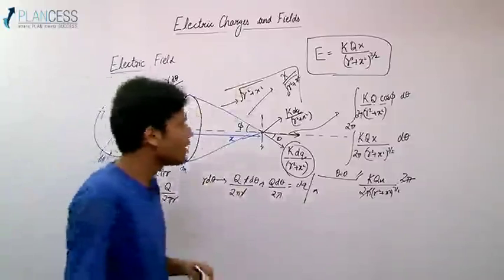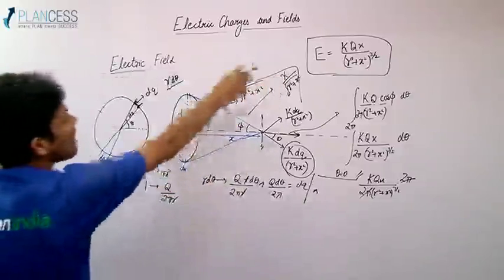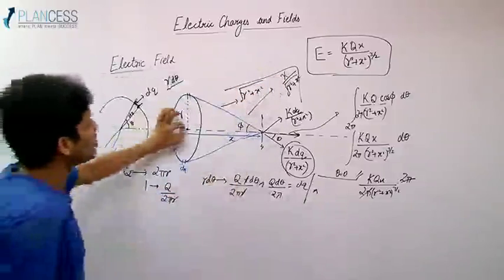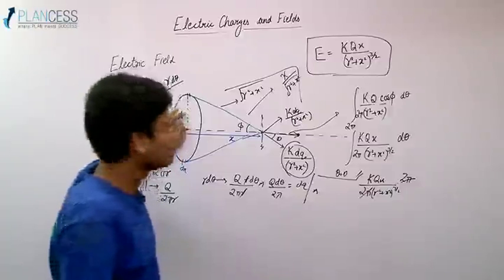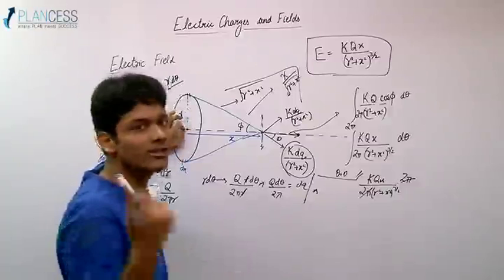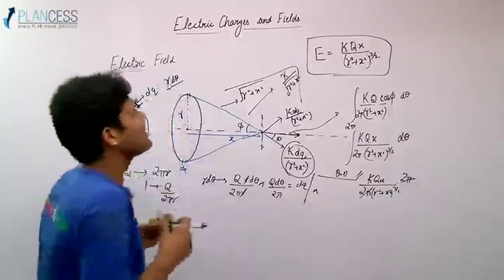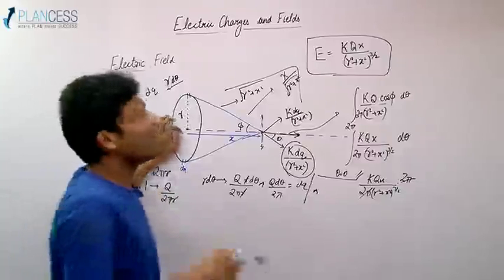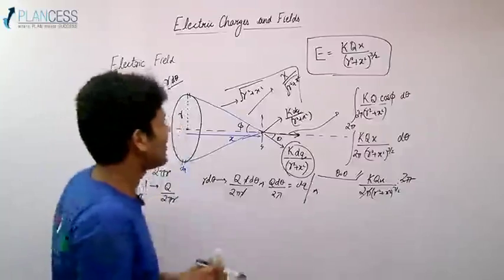One more thing that you can derive: if x equals 0, that is, if we choose the center of the ring, then this formula gives us the answer 0, which we already proved: the electric field at the center of a ring is 0. Now, the next point: let us say x was very less than r.